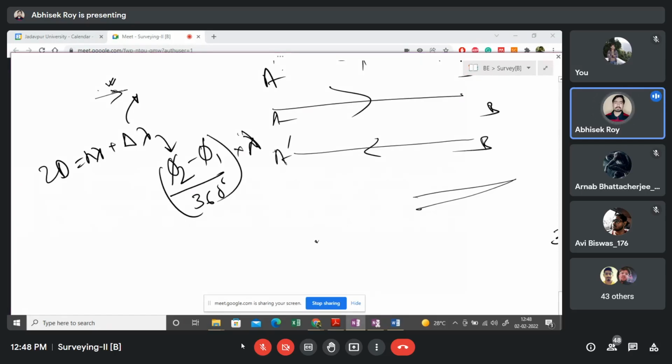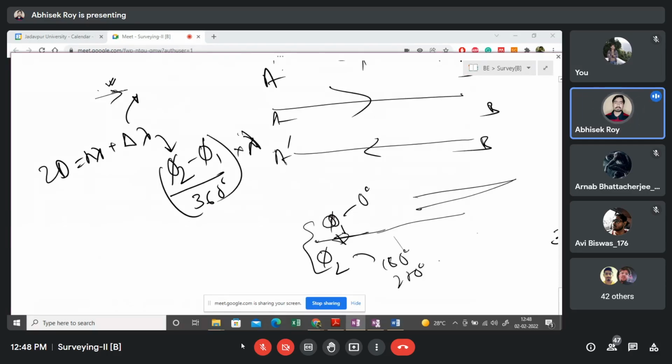That means if it knows the phase of the starting rays, and if it knows the phase of the reflected rays, then it can calculate the phase difference. Say the initial phase is 0 degree, and the receiver's phase is 180 degree or 270 degree. So what is the not completed cycle?